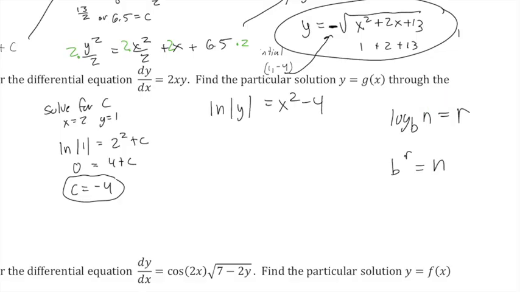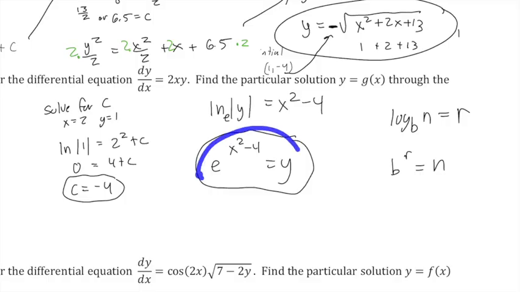So let's rewrite this. So this is log base e. So this is going to be e to the x squared minus 4 equals y. And there we go. There is my equation for the solutions to that differential equation. It's the equation that gives every solution to this differential equation.